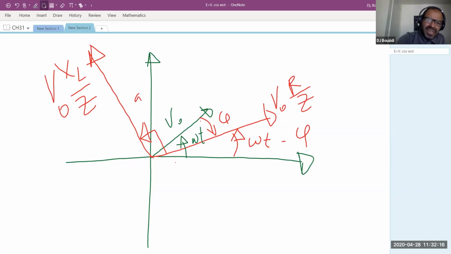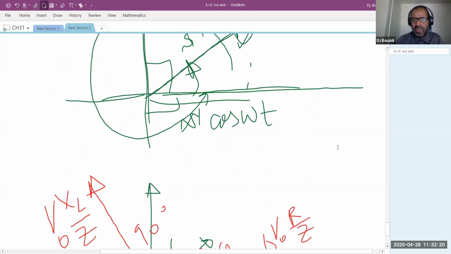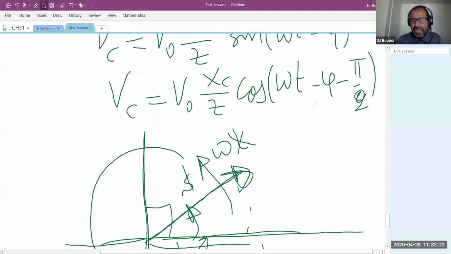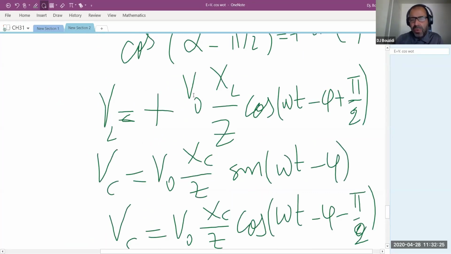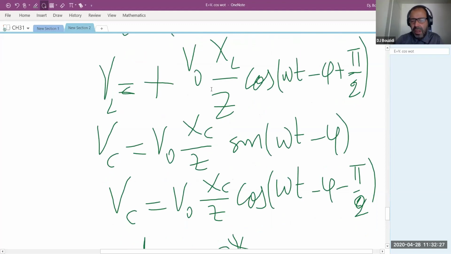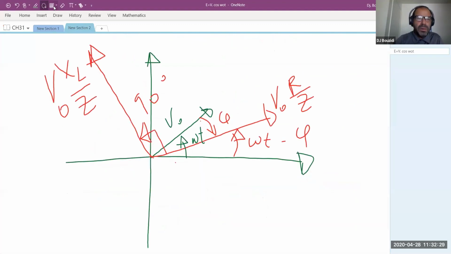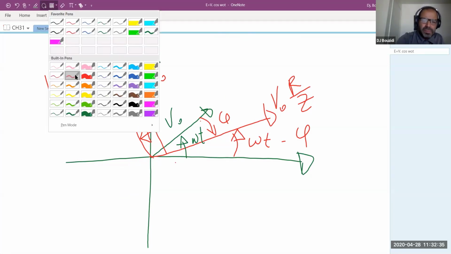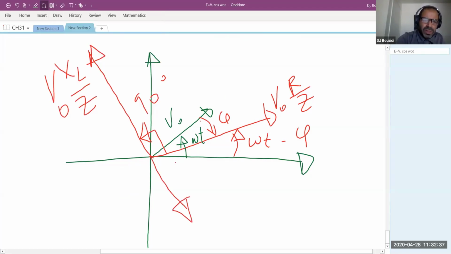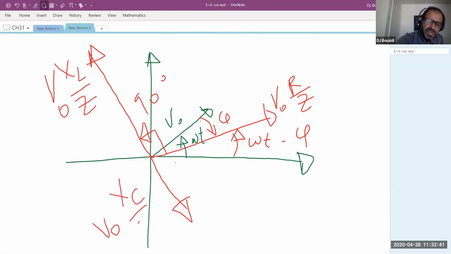That's exactly what I mean by this expression here: omega t minus phi plus pi over 2, and this is the strength of that vector. Now, in the same token, the other one, XC, is lagging behind. So let's draw this one as V naught times XC over Z. That is the length of that vector.